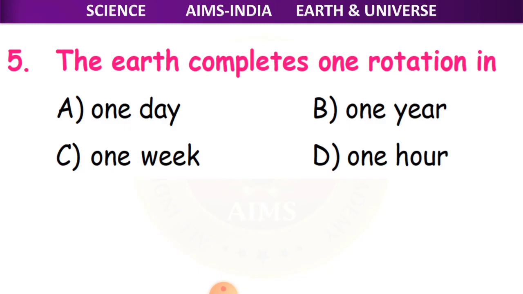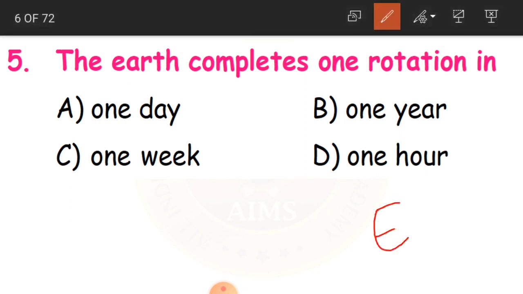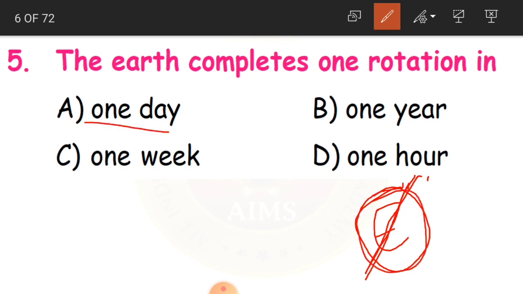Rotation is when the earth rotates around itself on its own axis, an imaginary line which we call the earth's axis. The options are 1 day, 1 year, 1 week or 1 hour. The answer is 1 day, children, that is 24 hours, where we have a day and also a night.